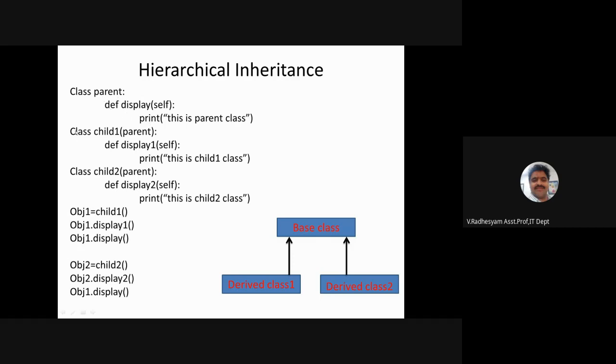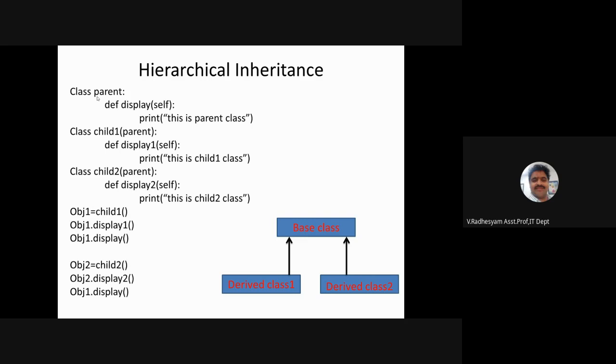There is another class called child1, which is a single inheritance with the parent. Another class called child2 is also a single inheritance with the parent. So you are considering two derived classes, derived class 1 and derived class 2. There is a single inheritance relation between derived class 1 and the base class, and derived class 2 and the base class, the same base class, not another.